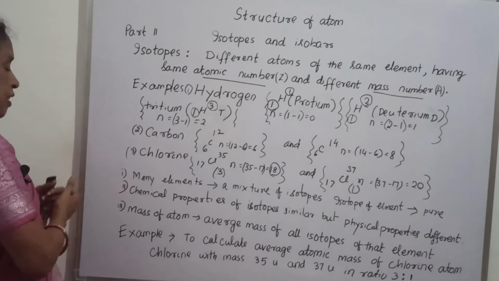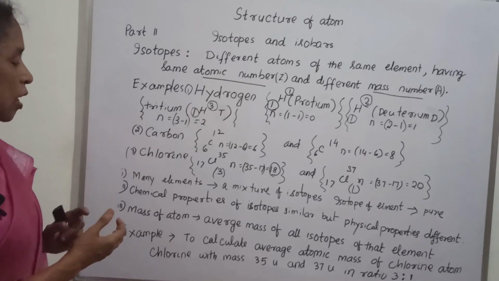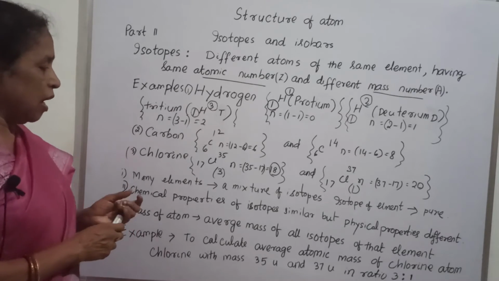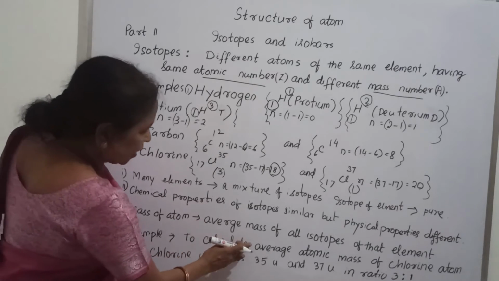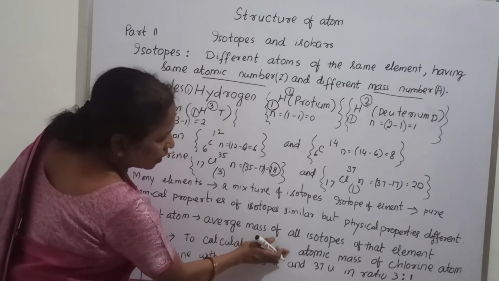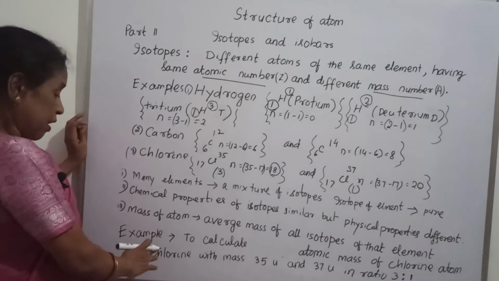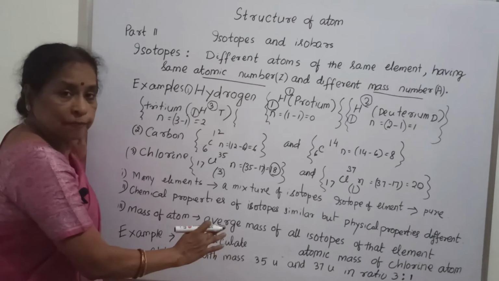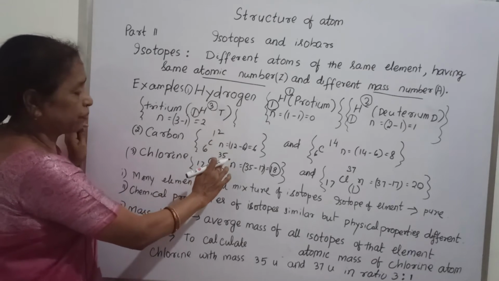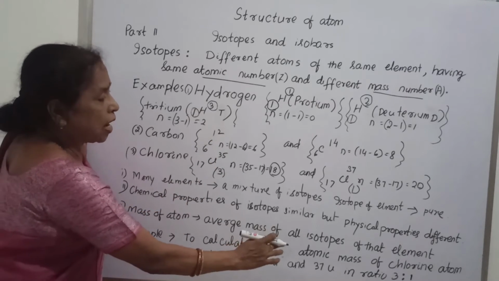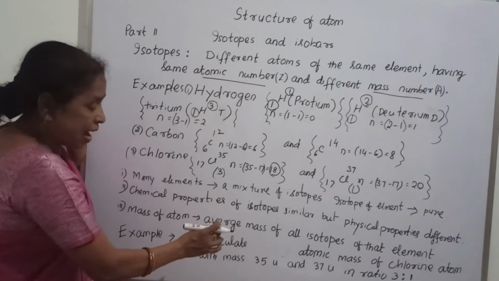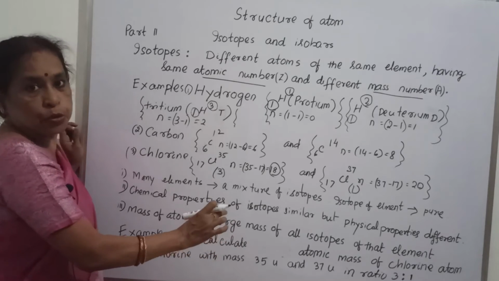Again see, how can you calculate the mass of an atom, the average mass of all the isotopes? Let us take the example of chlorine. To calculate the atomic mass of the chlorine atom, where chlorine with mass 35 unit and chlorine with mass 37 unit are in the ratio of 3:1.